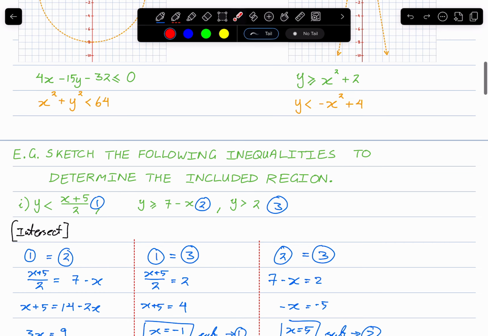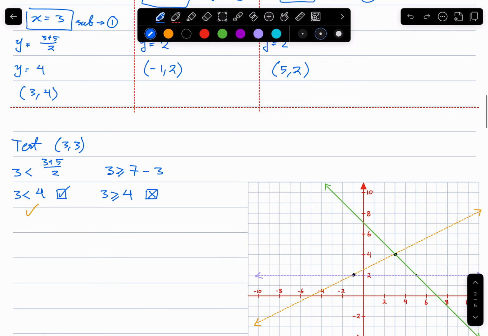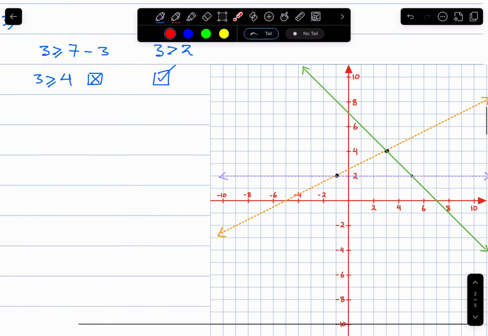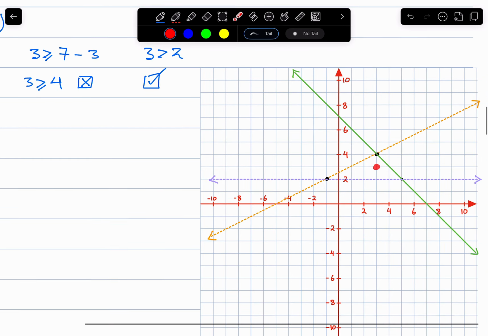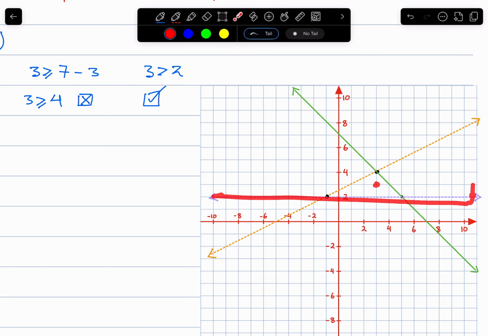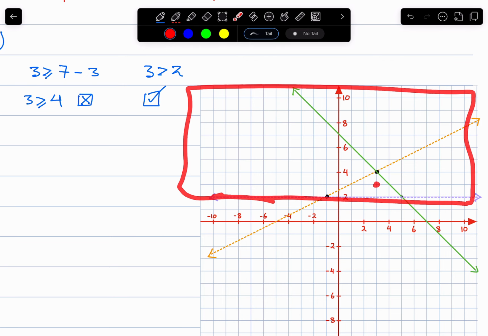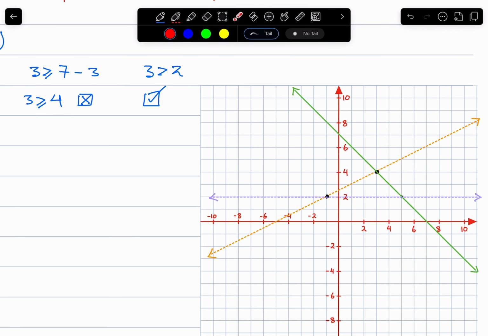Substituting 3 here for y, 3 is greater than 2, and there's nothing to substitute for x. And that is indeed true. So since this is the point that we tested, we are shading above the purple line.